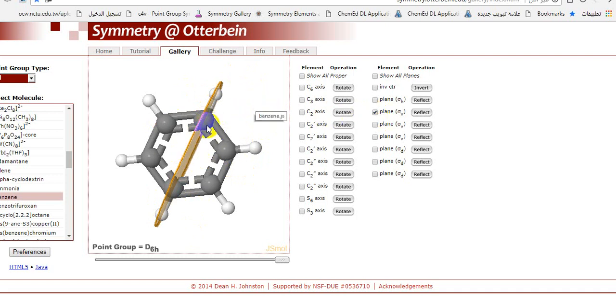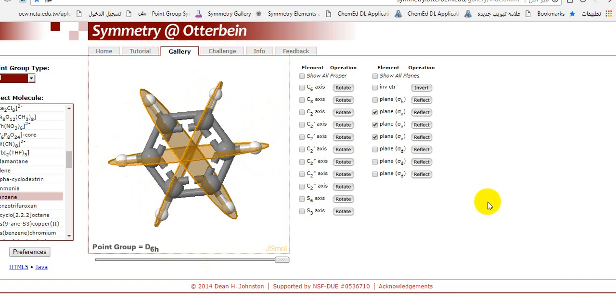Sigma v contains the z axis. And this is sigma 2, sigma v, another one. And this is the third. We have 3 sigma v. Okay, this is a vertical mirror plane.